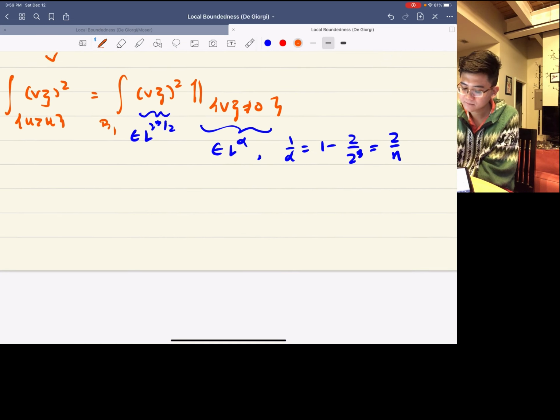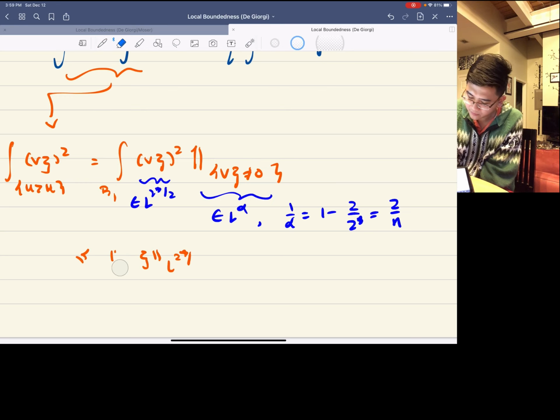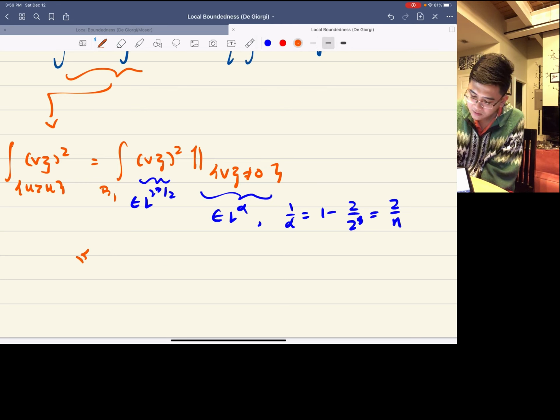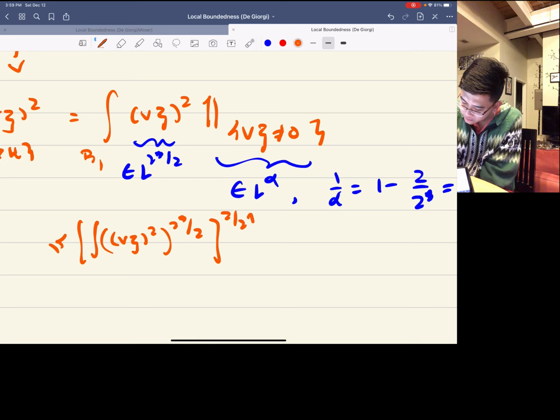By Hölder, this is less than or equal to the integral of v zeta squared raised to 2 star over 2, to the power 2 over 2 star, times the measure of v zeta not 0 raised to 2 over n.